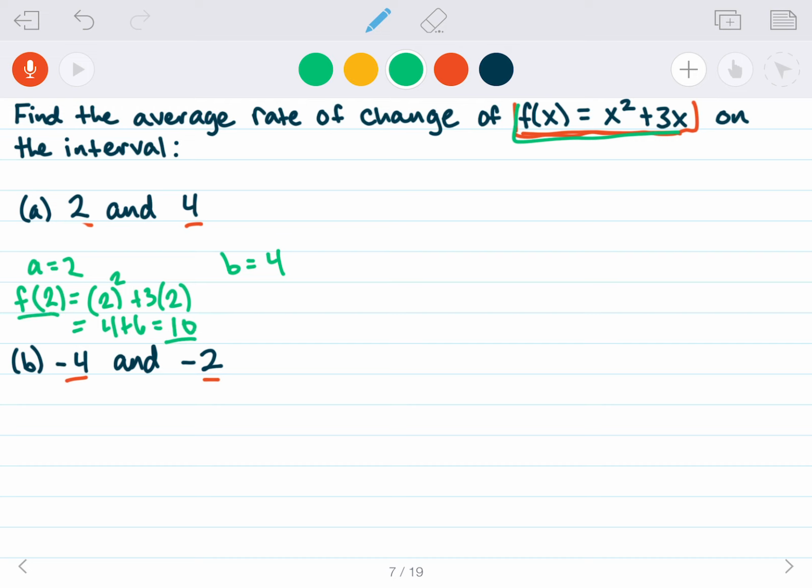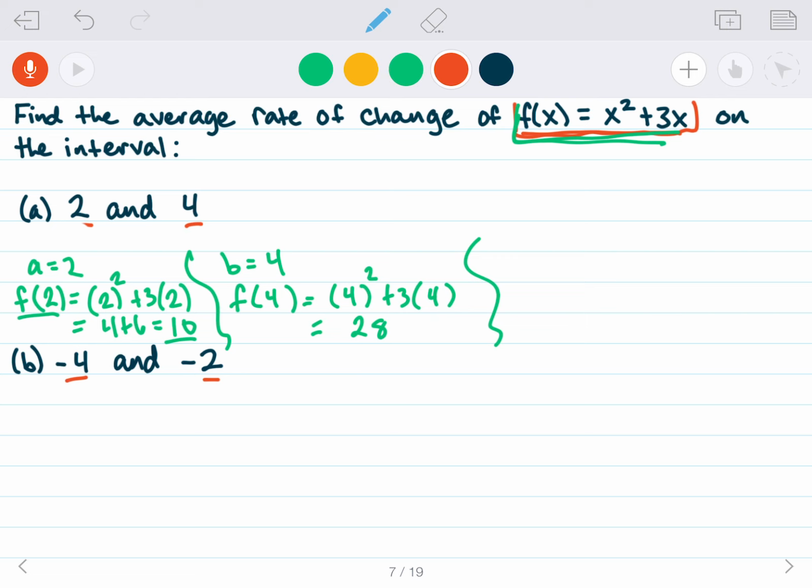So f of 2 is 10. Okay, and then we can do the same thing with B. If I plug in 4 into our rule here, we get f of 4 is equal to 4 squared plus 3 times 4. That's 16 plus 12, and that's going to be 28.